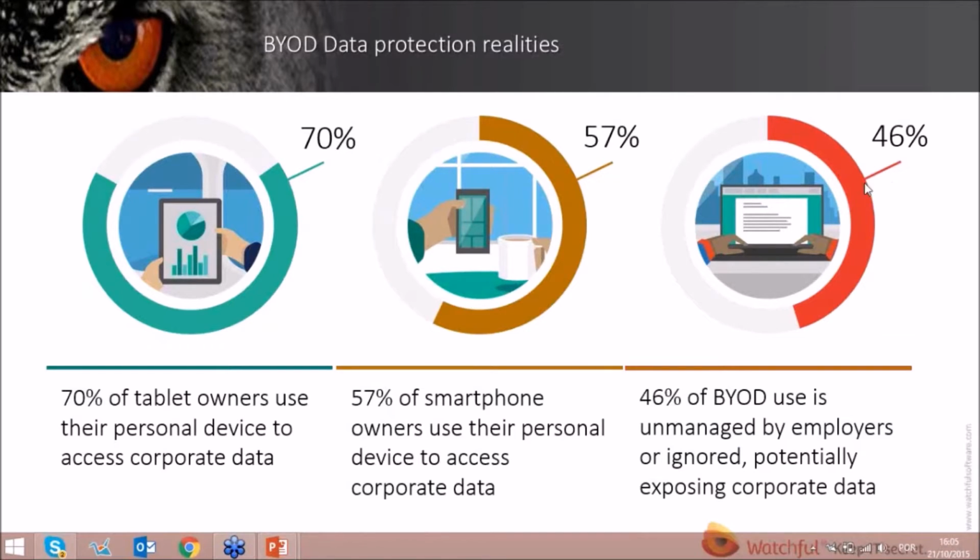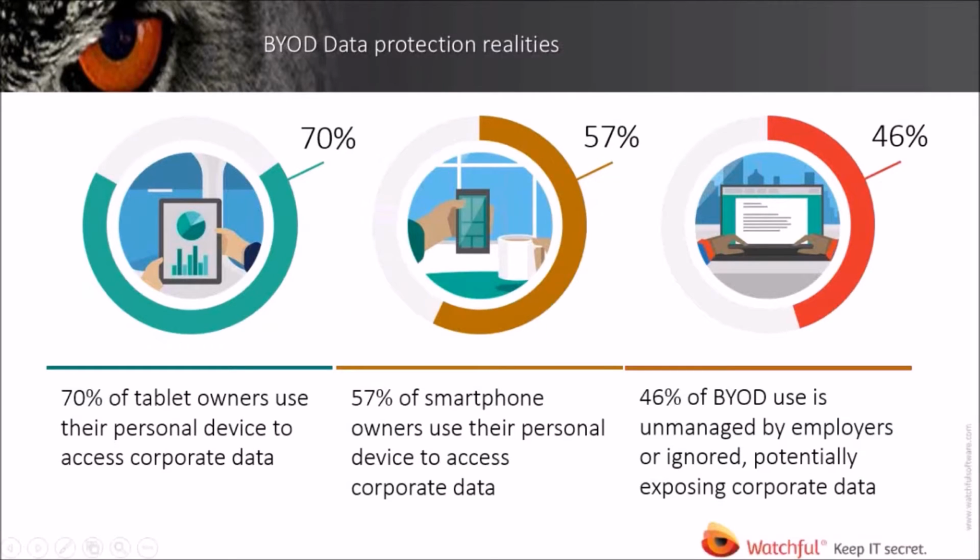Yep. So the middle data point, definitely agree with that. We see very high use of smartphones, very similar to the data point around tablets. But in the case of a smartphone, it's just something that you have with you at all times. It's a very good indicator of how important a smartphone is.